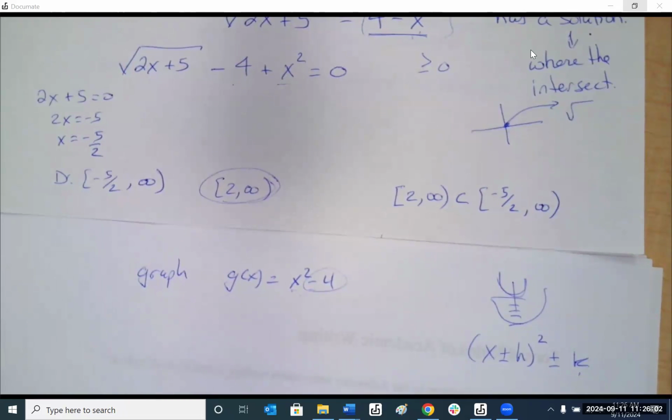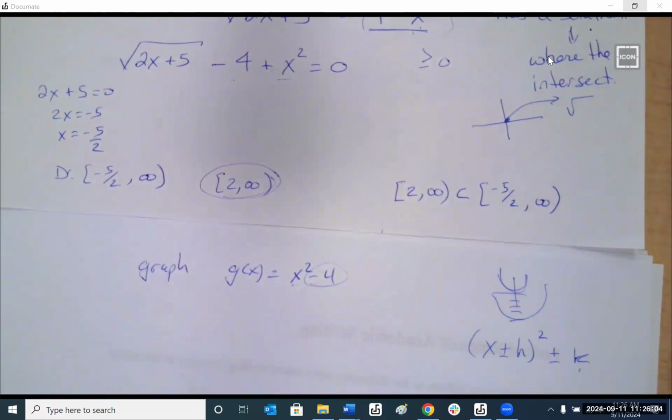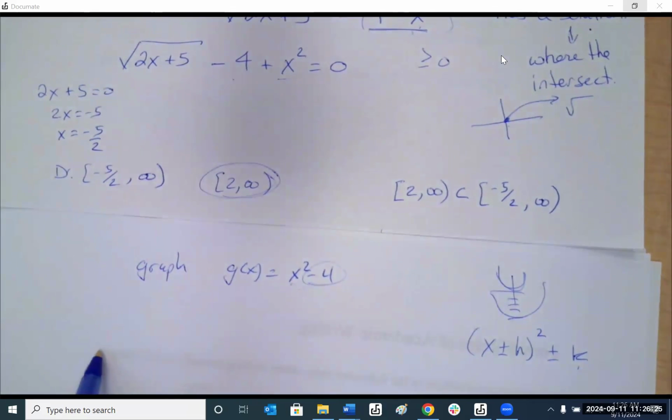Now, how's that going to relate to our function? Yeah, let's graph both of these equations.